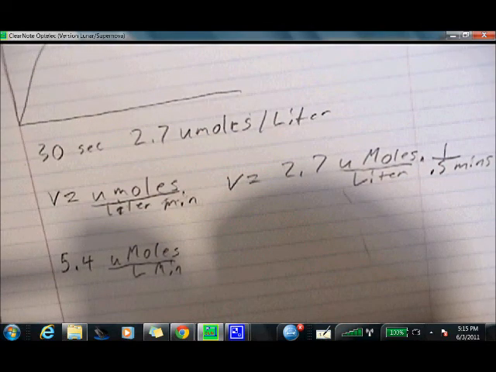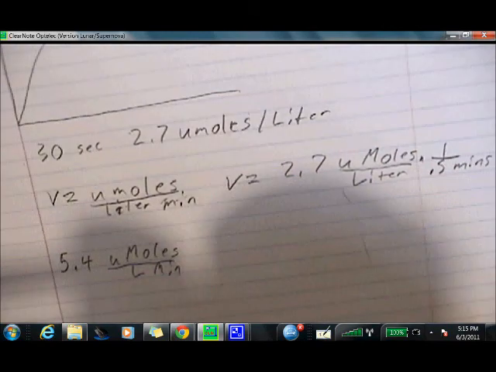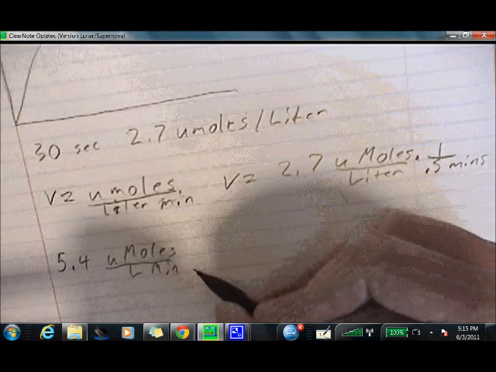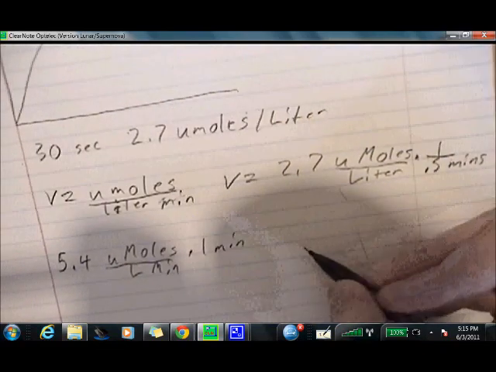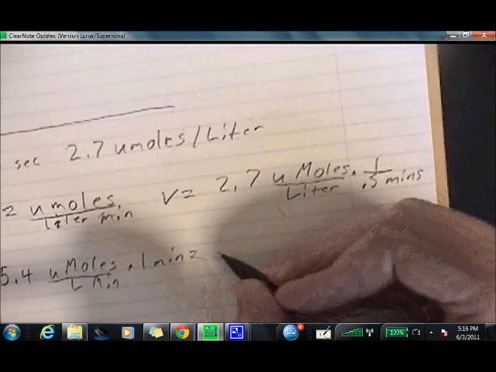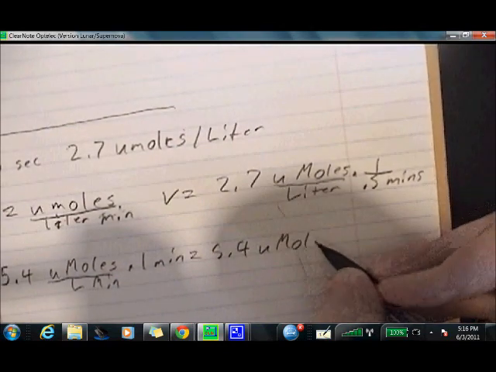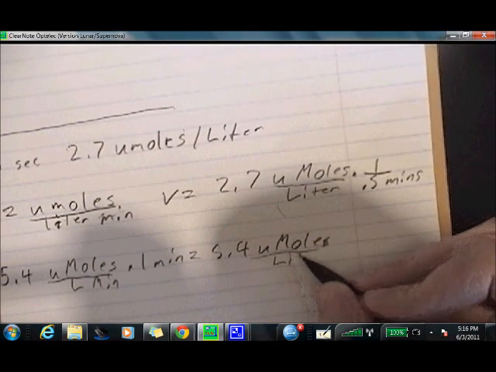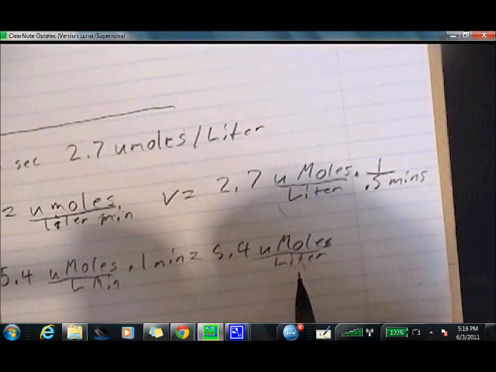Okay. Part A of this asks you what is your concentration at 1 minute. So we can multiply this by 1 minute, and we're going to get 5.4 micromoles per liter. Pretty easy.